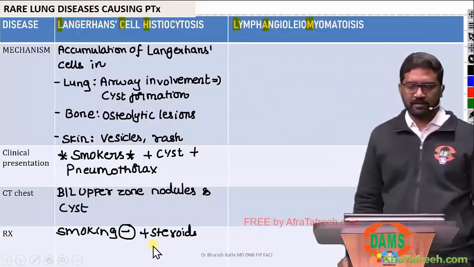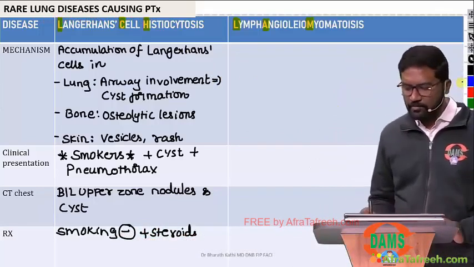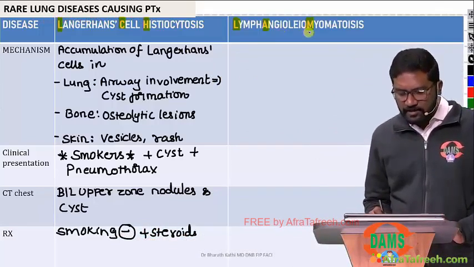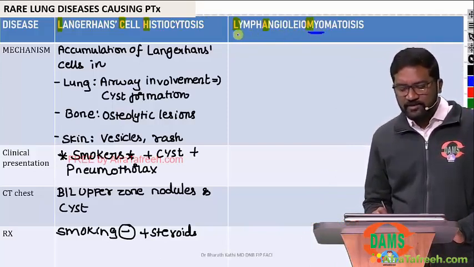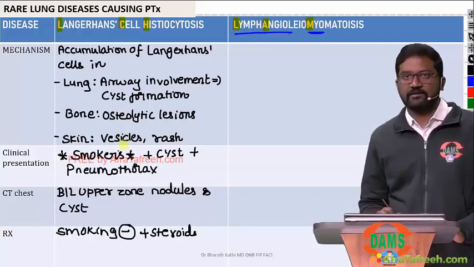Coming to lymphangioleiomyomatosis. So there is myo in the name, and it is proliferating along lymphatics and vasculature.